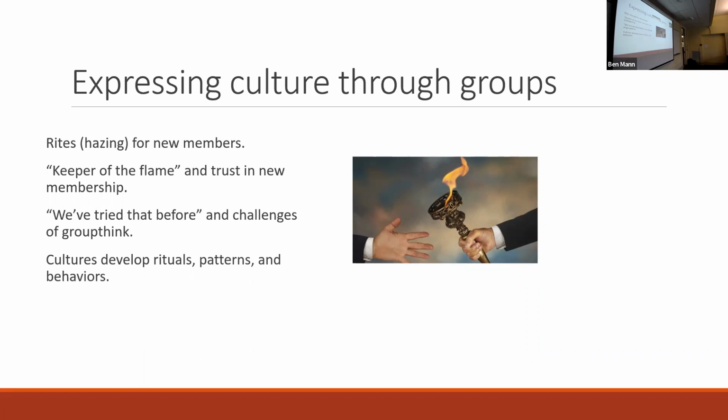One thing to think about here, if we think back to the steps that people make as they become a part of a small group, is to think about those early initiation stages, right? What does it take for somebody to go from maybe interested and just starting out to being fully respected and understood as a member of the group? We can think about that in terms of rites or hazing, right? And this kind of runs a couple of extremes.